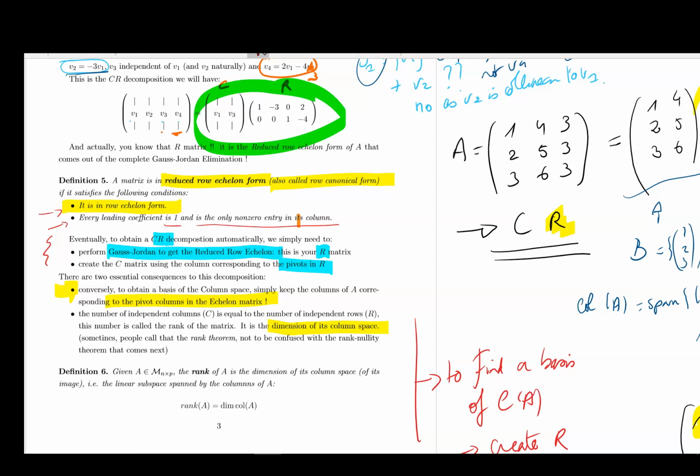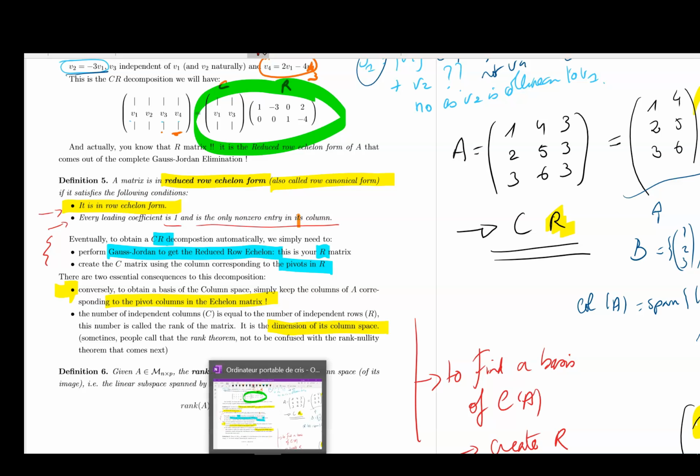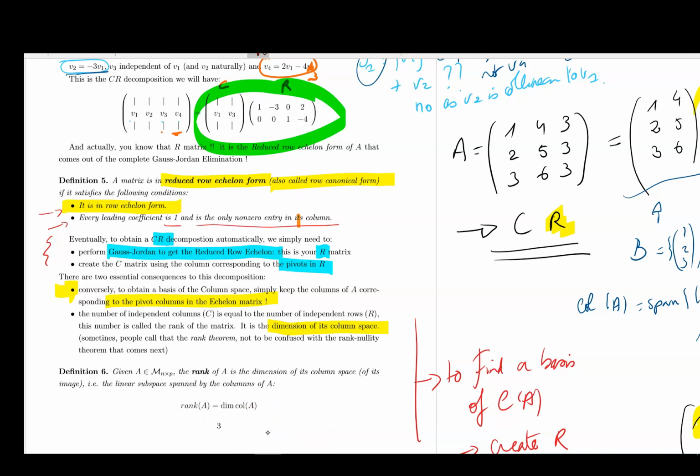When we were creating the R matrix, every time we find a dependent column like this one, it will never have non-zero coefficients below the previous pivots, because we are really trying to say that this last column here actually depends on the first two, so it must be a combination of those two.